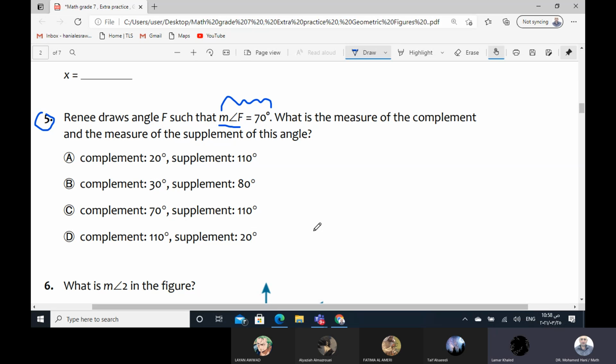Maybe C. Maybe. Who has a different answer? It will be A. Yes, A. Why A? You can explain.